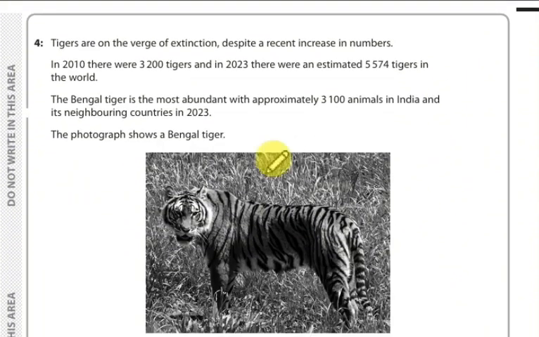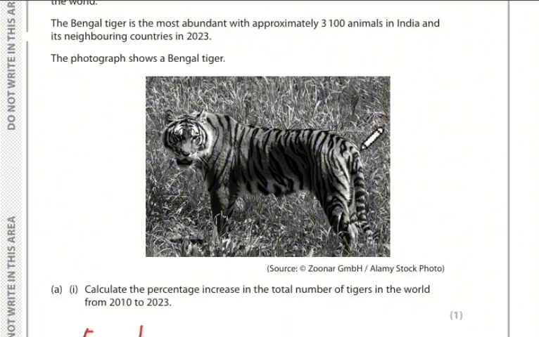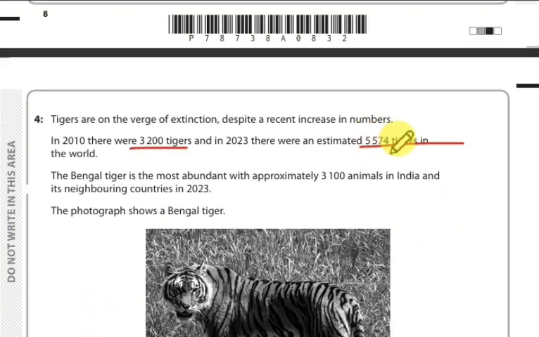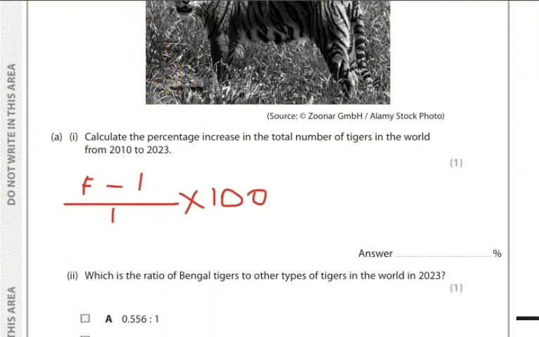Okay, so we have the values. The initial value was 3,200 and the final value was 5,574. So we are going to calculate it like that.